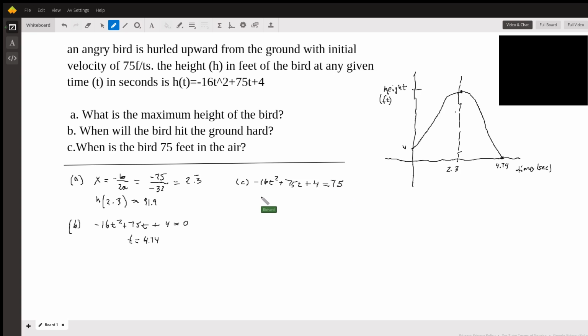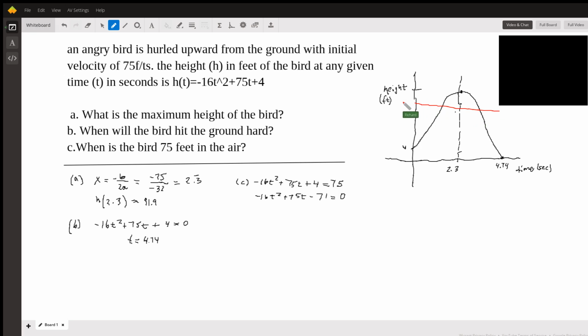And then you'd bring the 75 over, you're going to get negative 16t squared plus 75t minus 71 equals 0. And you'd have to use quadratic formula again to find the answer.